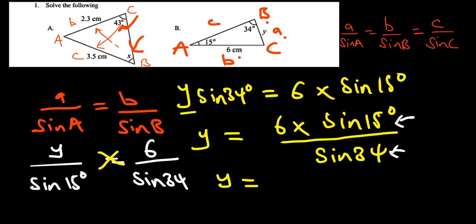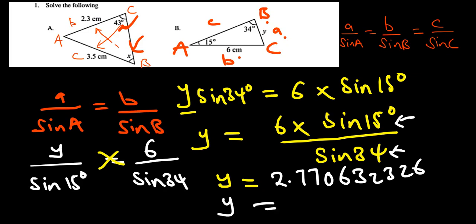According to my calculator, I'm getting y equals 2.770632326. You can just round off this value to 3 significant figures, so your side will be 2.77. You even include the centimeters like that. So that's basically it for this video.